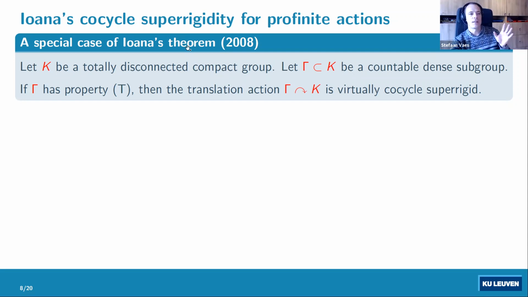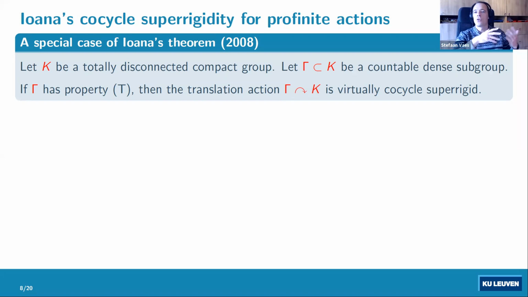It's a completely different type of action from the Bernoulli actions, because this time we will be looking at profinite actions. Namely, we have a totally disconnected compact group, and we have a dense subgroup gamma, and we look at the action of gamma on K by left translation.